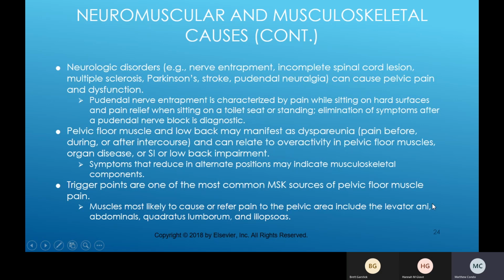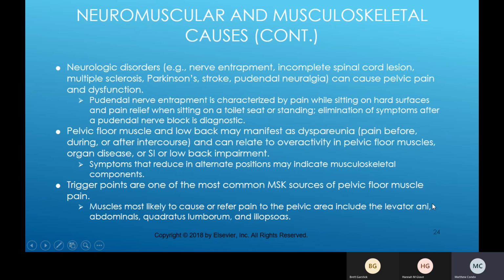So a big one, if I have pain when I sit on a hard surface, but it's relieved with sitting on something like a toilet seat or one of those little hemorrhoid cushions, I could have a pudendal nerve block.